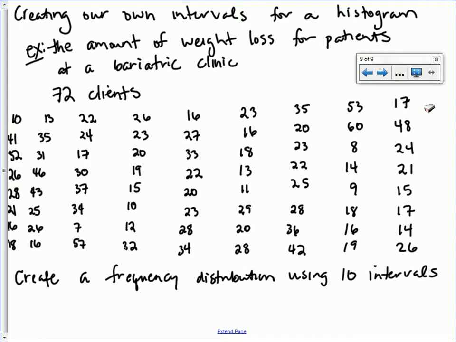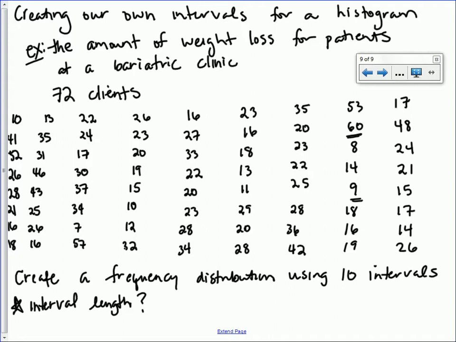So here's something new. How do you determine the interval length? Because you know you need 10 intervals. You know the data ranges from, it looks like the lowest point in the data is 9, and the highest point in the data is probably the 60.